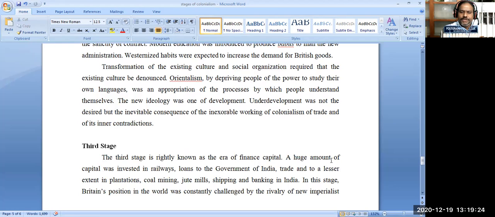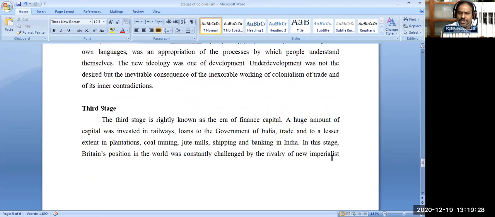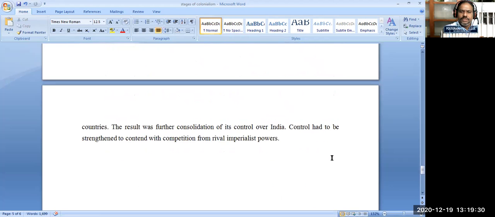In this stage, Britain's position in the world was constantly challenged by the rivalry of new imperialist countries, so the result was further consolidation of its control over India. Control had to be strengthened to contend with the competition from the rival imperialist powers.